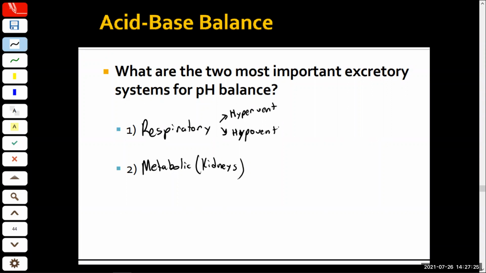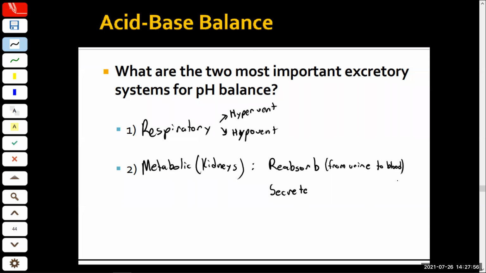Okay. My kidneys, they do two things. They reabsorb or they can secrete. If I am reabsorbing something, that means I'm keeping it. Reabsorb is I'm going to take it from my urine and stick it in my blood, so from urine to blood.